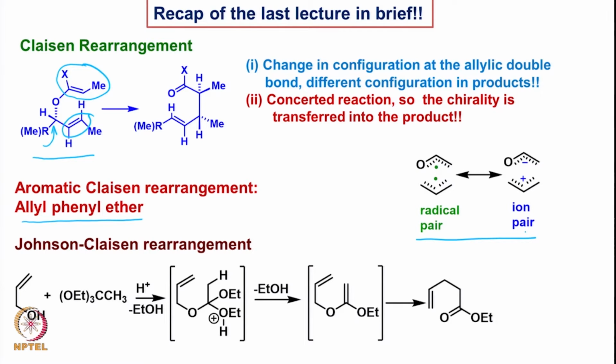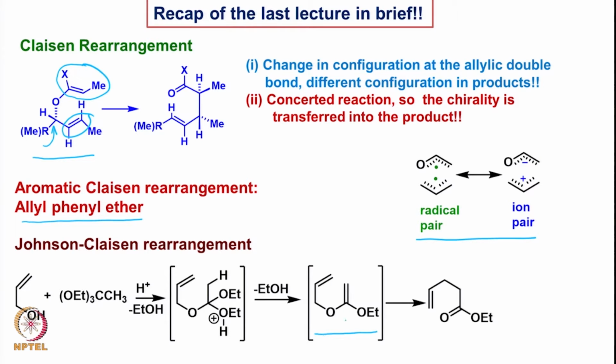Then towards the end we saw a variation of the Claisen rearrangement, the Johnson-Claisen rearrangement. If we take an allyl alcohol and react it with triethyl orthoacetate under acidic conditions and heat, we get an intermediate of this type.